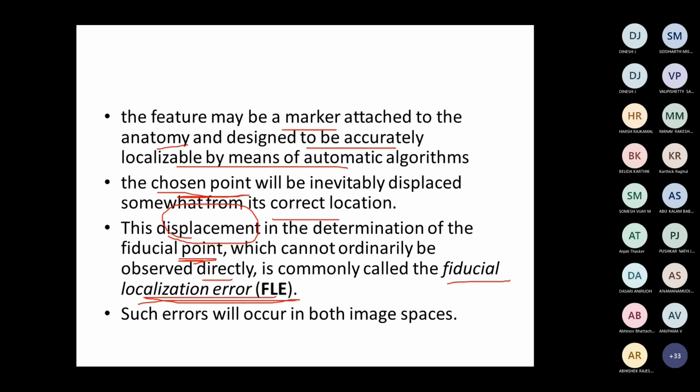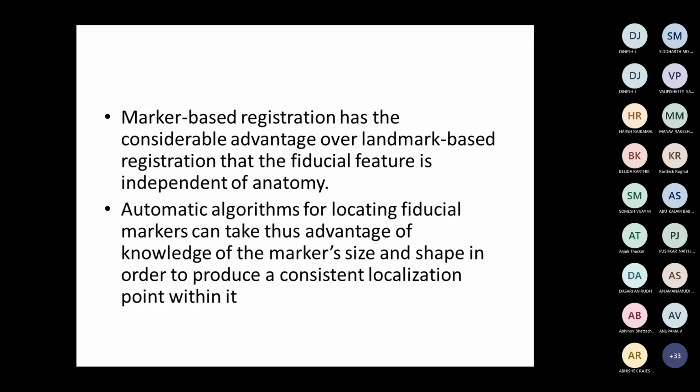So the displacement is called FLE. Such errors will occur in both image spaces. It can be in one space which we are trying to map, and it can be in the other space which we are taking as a reference.